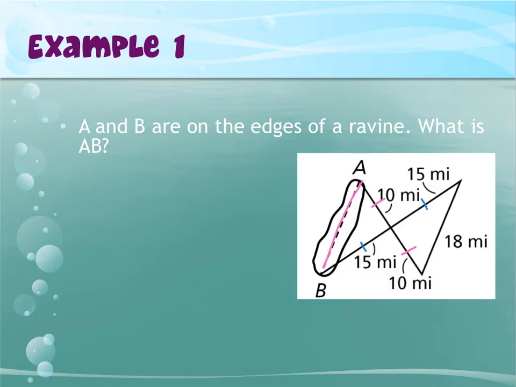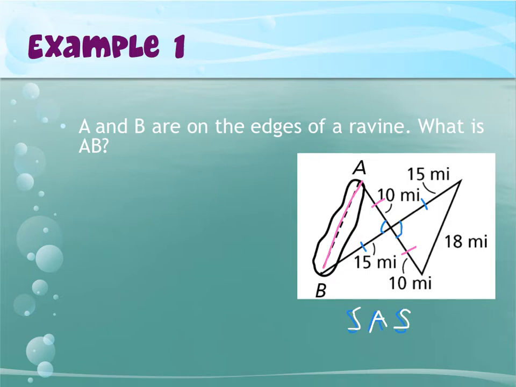Well, first we have to find if the triangles are congruent, then we can tell if AB is 18. Vertical angles, perfect. So these two vertical angles are congruent. So are these two triangles congruent? Yes, because we have a side, an angle, and a side. So by SAS, these two triangles are congruent.